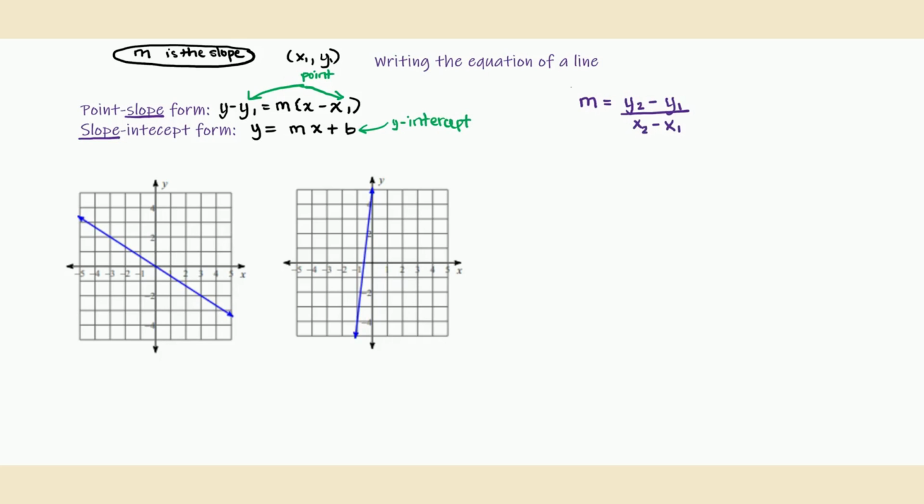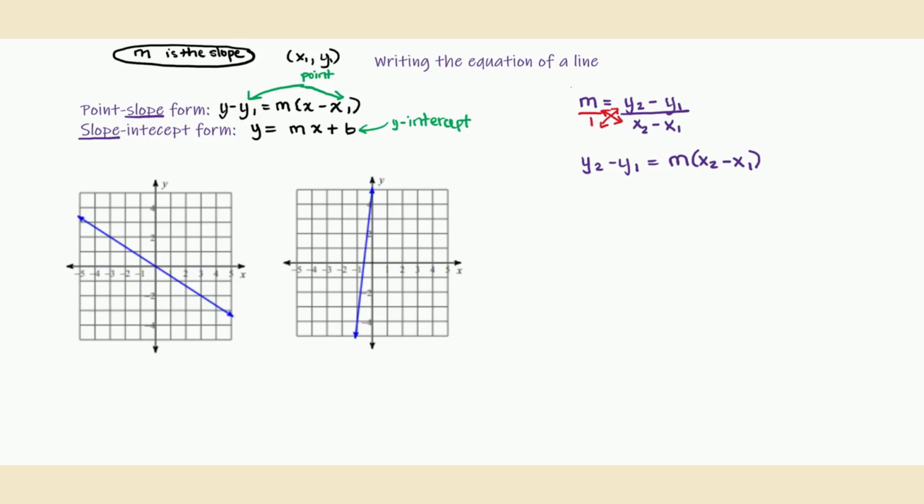From this formula, if I were to cross multiply, then I would get y2 minus y1 over 1 is equal to m times x2 minus x1.